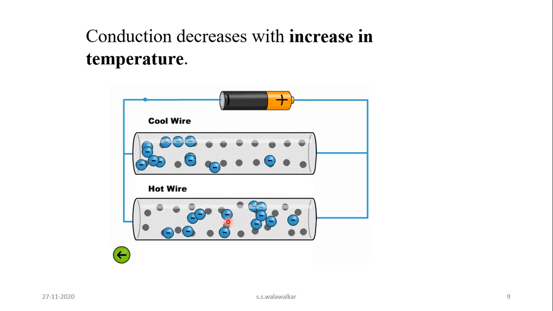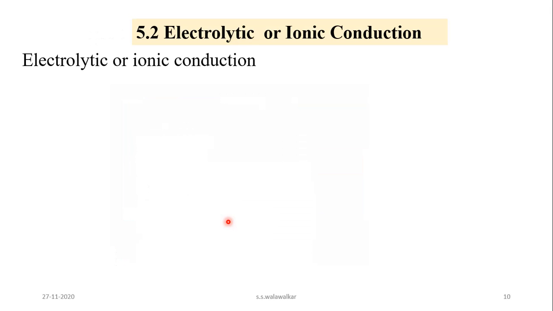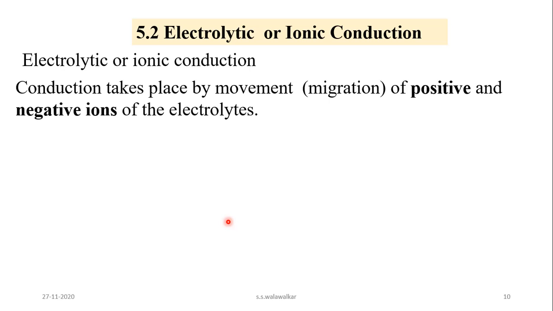Then the second point, that is electrolytic or ionic conduction. Electrolytic or ionic conduction means conduction that takes place by movement or migration of positive and negative ions of electrolytes.